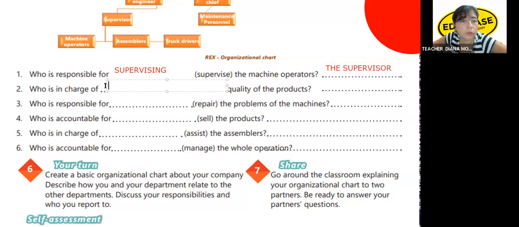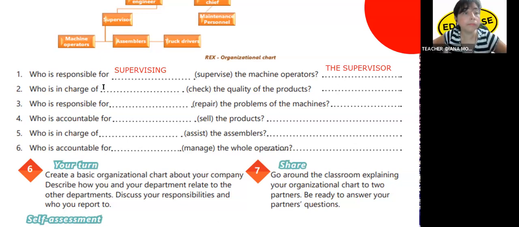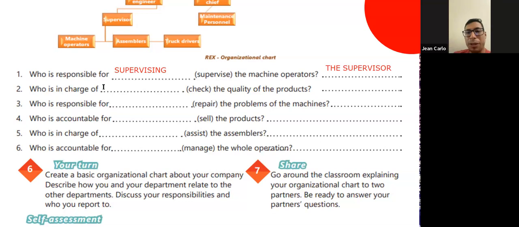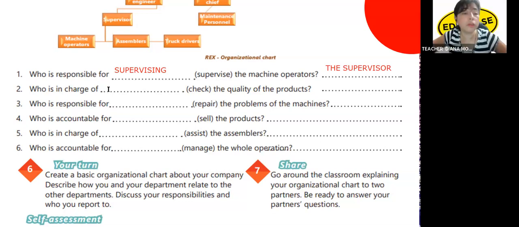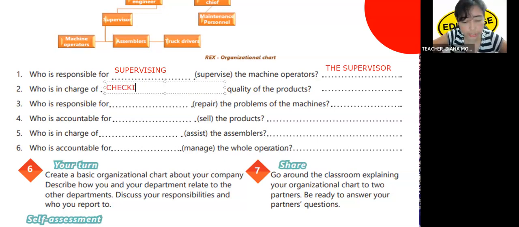So number 2, let me see. Giancarlo, what do you have in number 2? Can you read number 2 with the answers, please? Who is in charge of checking the quality of the products? Correct. Quality control inspector, correct. Checking.